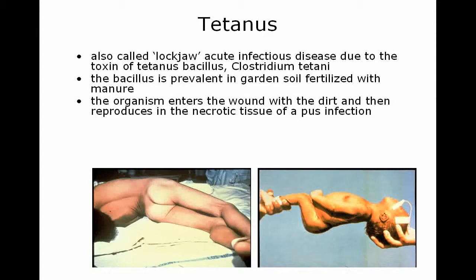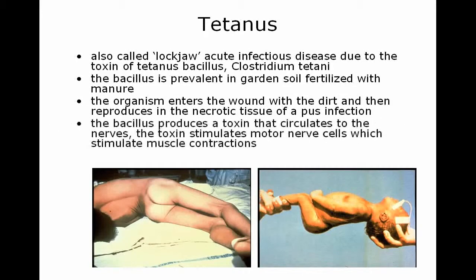The organism will enter through a wound, and then it produces necrotic tissue and pus infection because of the bacteria, and then it progresses to form a poison that affects the motor nerve cells. And those motor nerve cells will stimulate muscles and cause contractions of the jaws, contractions of the back, as you see in this picture.